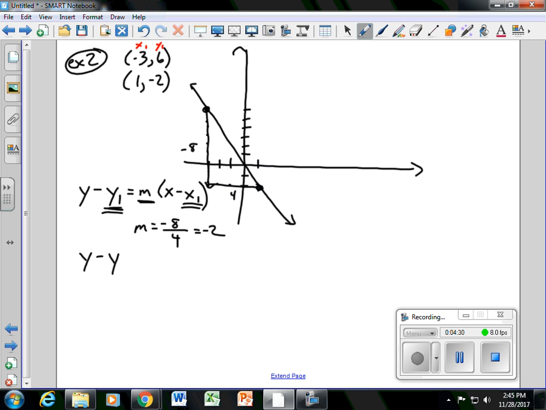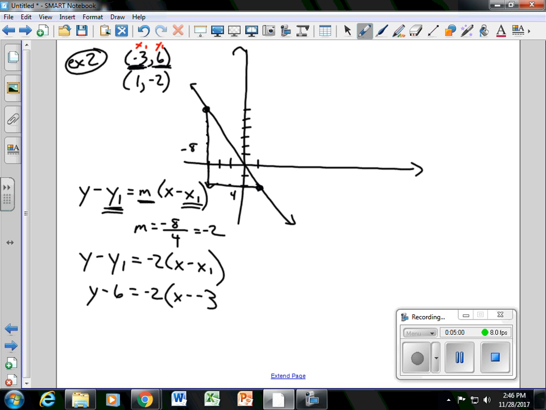So again, if I'm working in point slope form, y minus y sub 1 equals m times x minus x sub 1, then I've got beginnings of a solution here, beginnings of an equation. So now I'm going to use this point here, which I labeled x sub 1, y sub 1. So my y sub 1 is 6, so I've got y minus 6 equals -2 times x minus x sub 1 is -3.